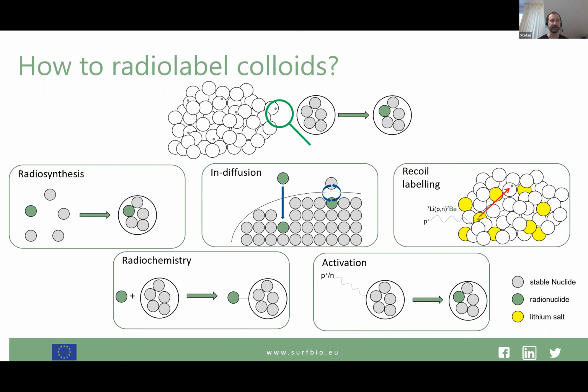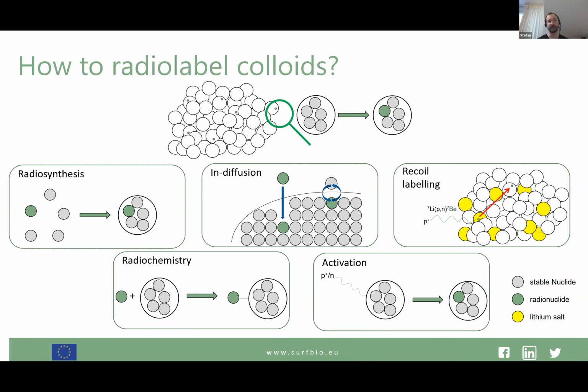Another method that I termed radiochemistry, even though synthesis and chemistry is basically the same, I wanted to distinguish these by the name. So with the radiochemistry, I mean we bind a radio tracer to an existing colloid or particle.